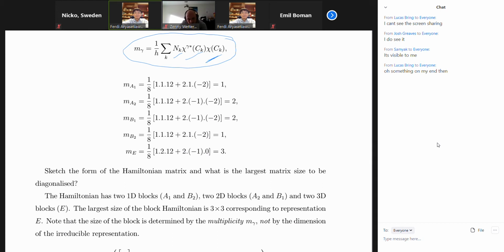And if we do that, we get this number here: 1, 2, 2, 1, 3. So for the representation A1 we get 1, A2 we get 2, B1 we get 2, B2 we get 1, and E we get 3.